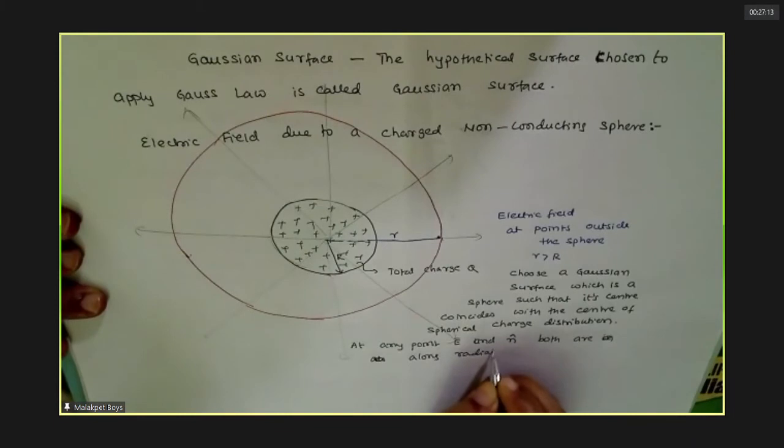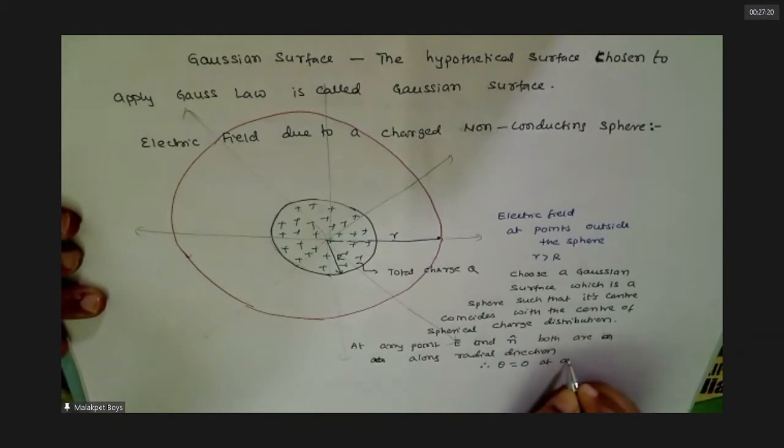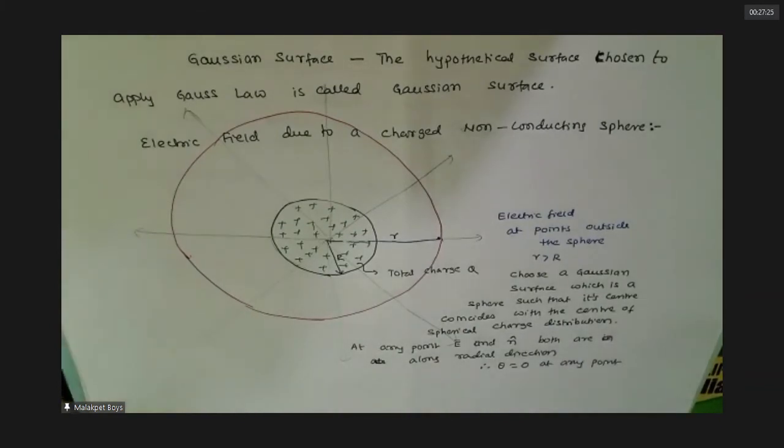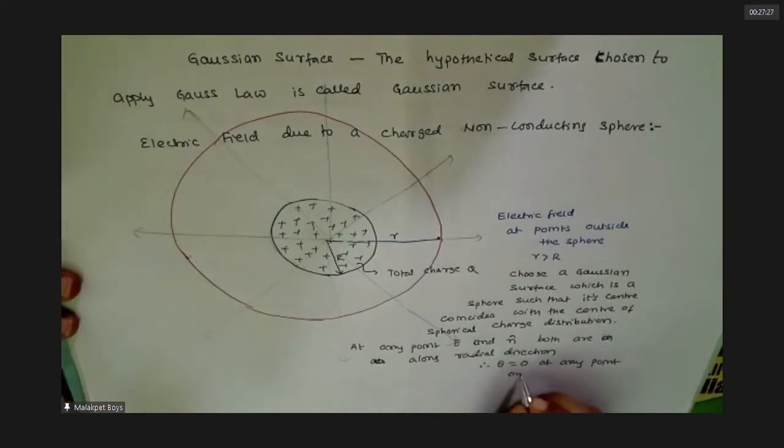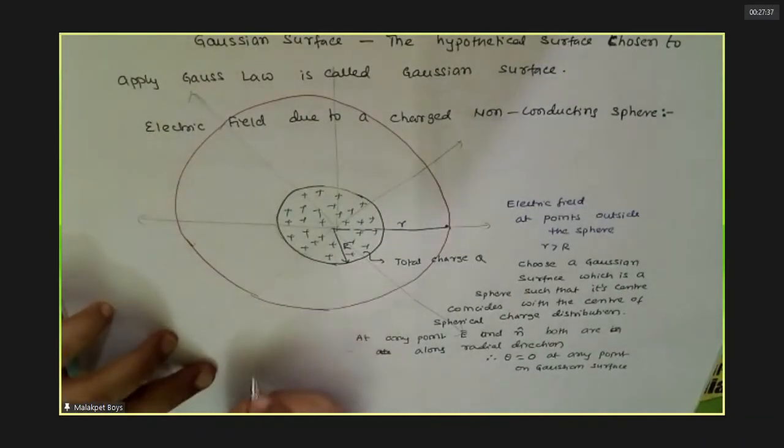Agreed. Therefore, what is theta? Then I'll apply the Gauss law: E ds cos 0 for the whole surface.